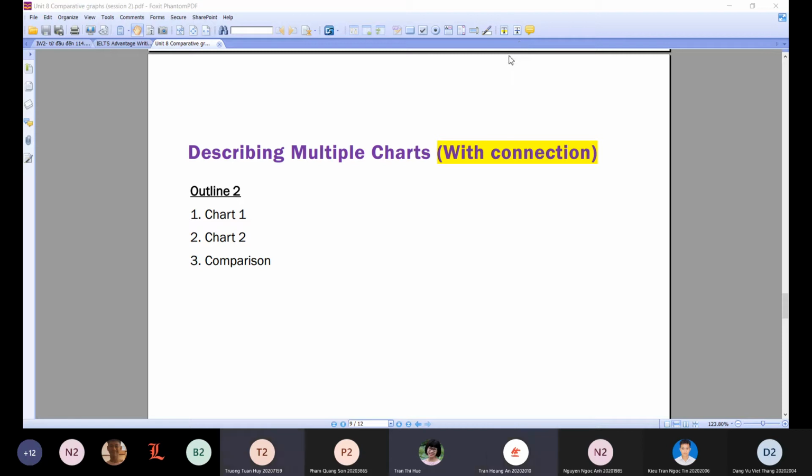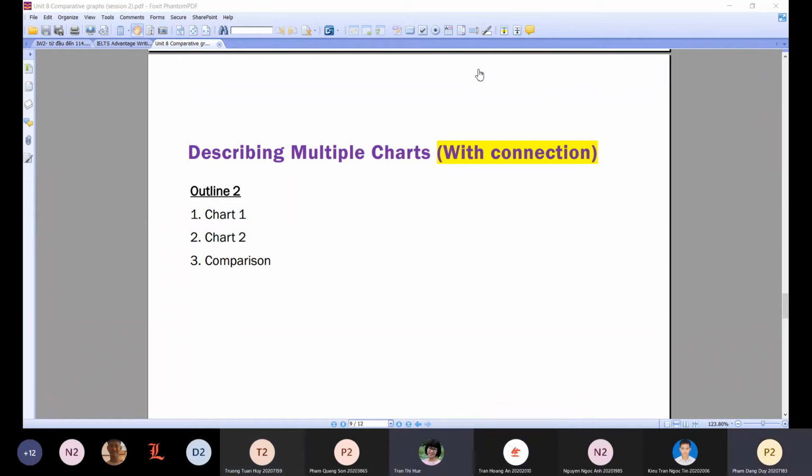The number of bedrooms. Cái đầu tiên là gì ạ? Living alone by age and gender. Phân chia theo giới tính và nhóm tuổi. So that's the first one, and the second one, the number of bedrooms in the houses of the people living alone, right?